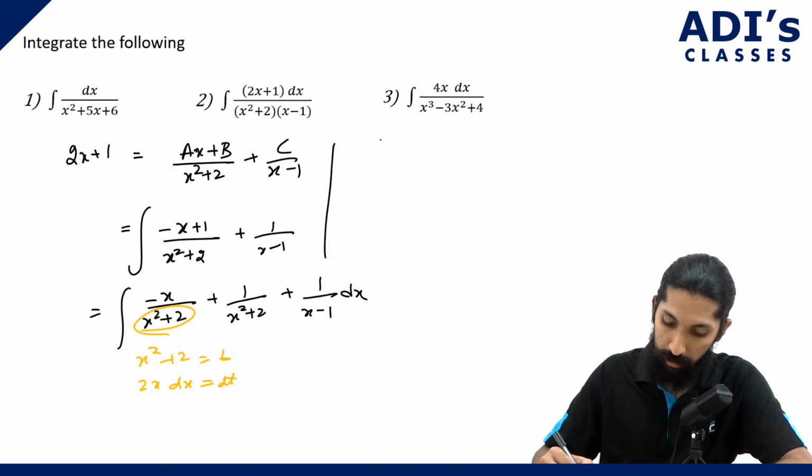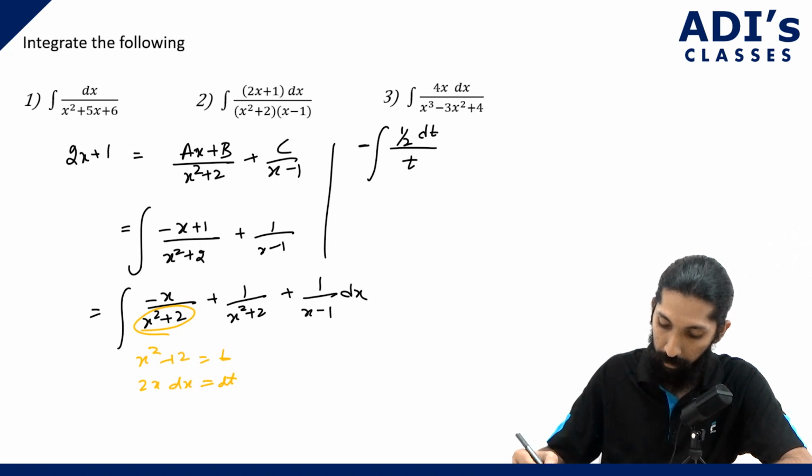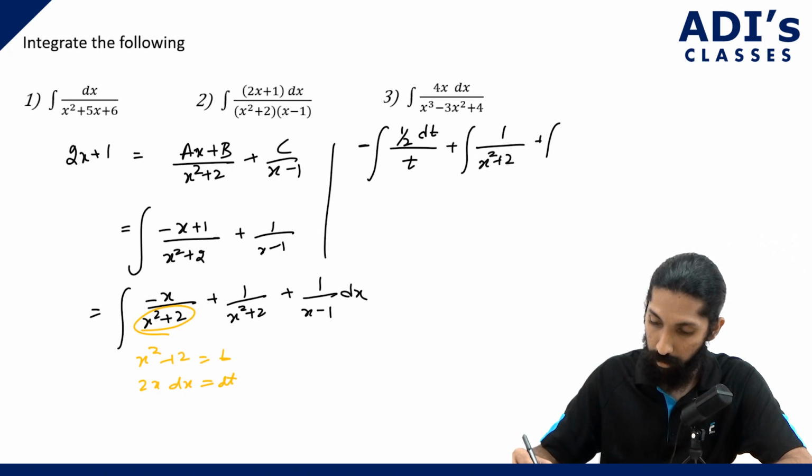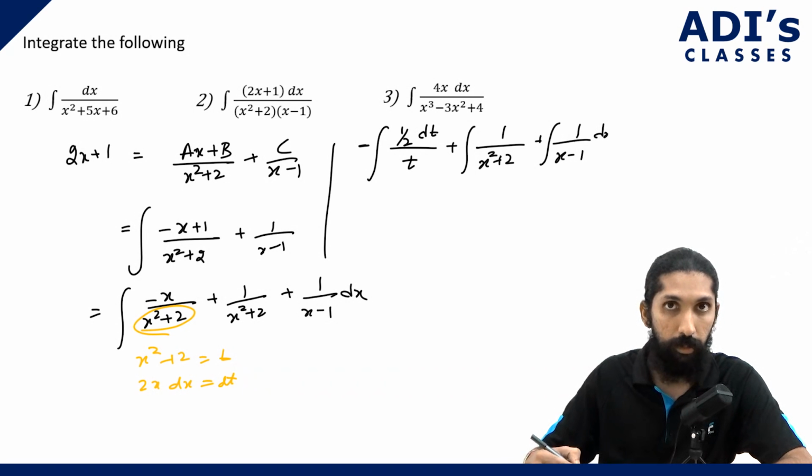So you will get this as minus integration of half dt divided by t, plus this, plus this. All right. Of course, everywhere you have dx.